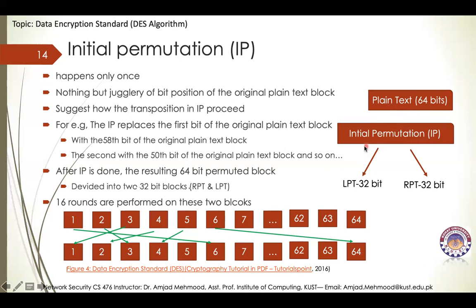The initial permutation first performs the jugglery of bit positions of the original plain text, and then it divides it into left plain text and right plain text of 32 bits each. So 16 rounds are performed on these block structures.